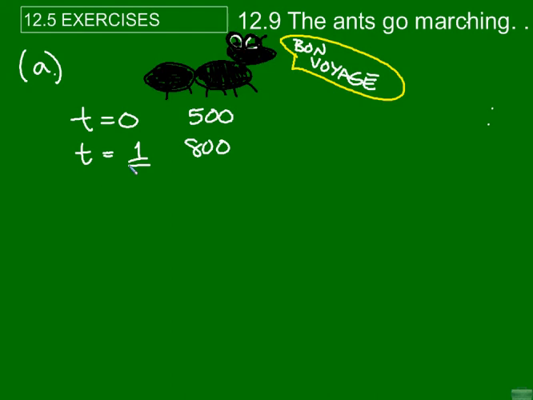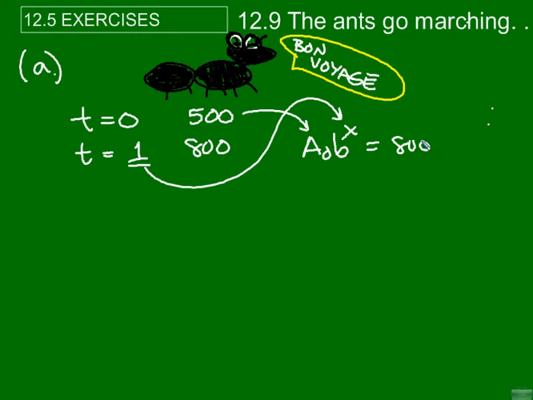Okay, so here we go. 500, I'm going to put it into this form, A0 B^X. And 500 is my A0. If I put in 1 for the X, I can set this equal to 800. And that will allow me to solve for the B. So here we go, let's do that. 800 equals 500 B to the 1. Anything to the 1 is just itself. So divide both sides by 500.